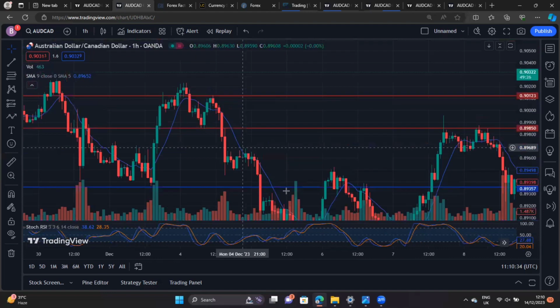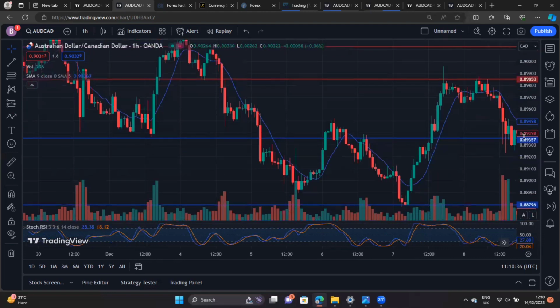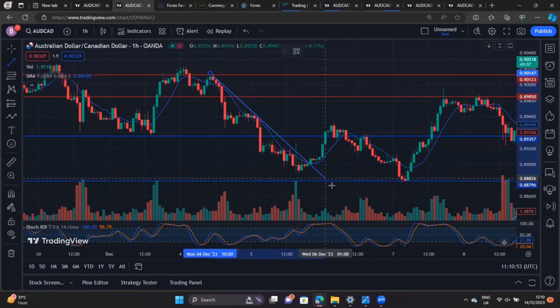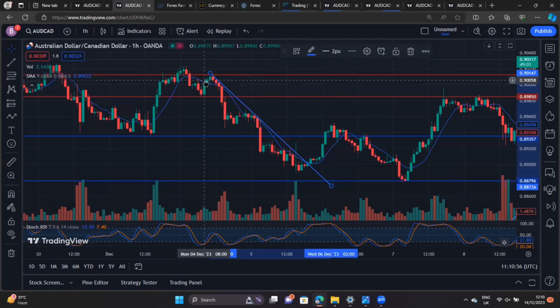Remember that whatever we do here can also be applied for an uptrend. Whatever is applicable on a downtrend can still be applied on an uptrend. So let's say we have a downtrend here, right? So connecting at least 2 to 3 swing points becomes a trend line.